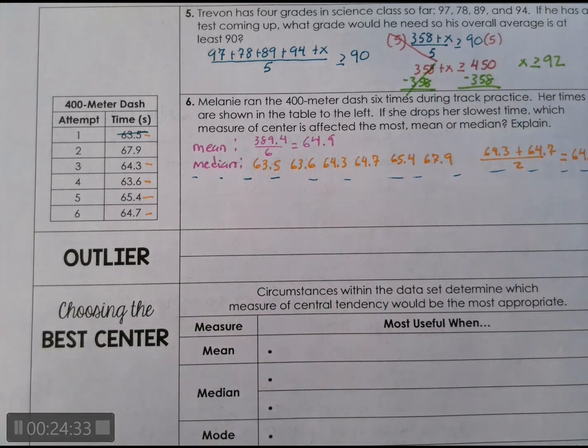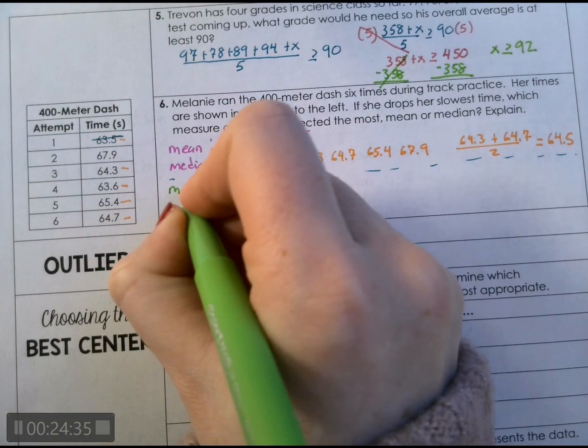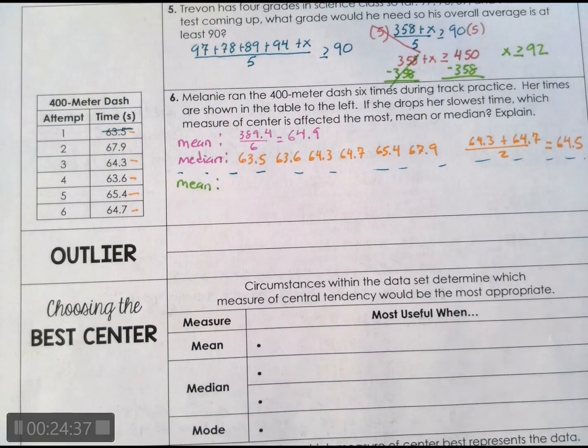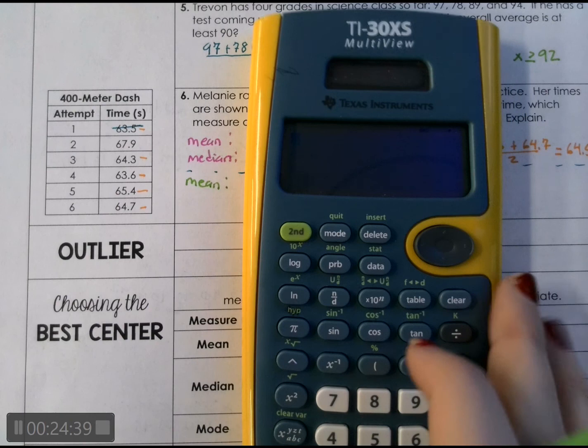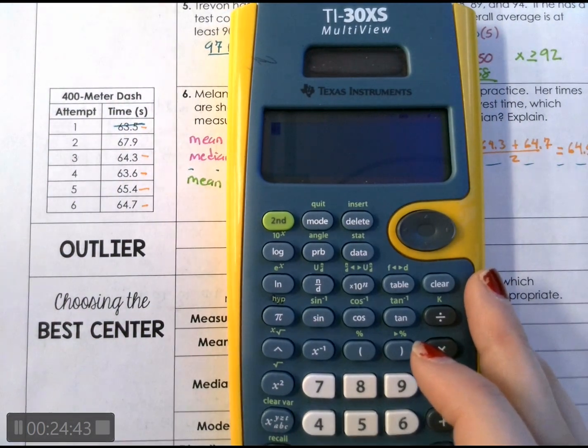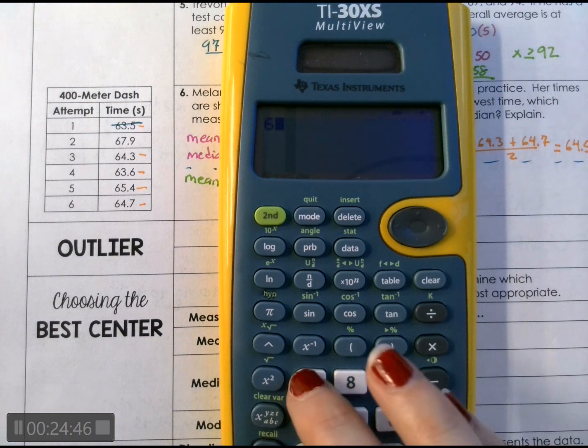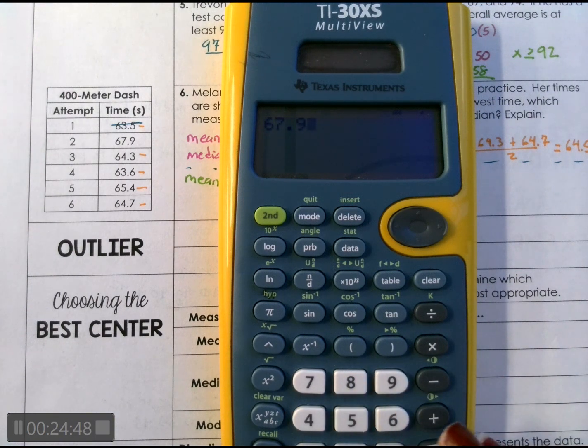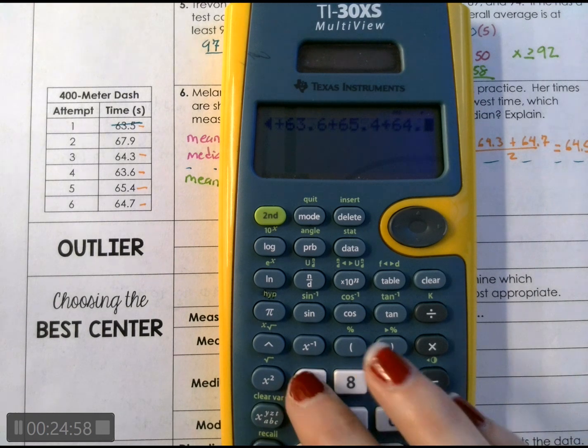So our mean is now going to be, we're just going to start from her time 2 and add all of those. So 67.9 plus 64.3 plus 63.6 plus 65.4 plus 64.7.